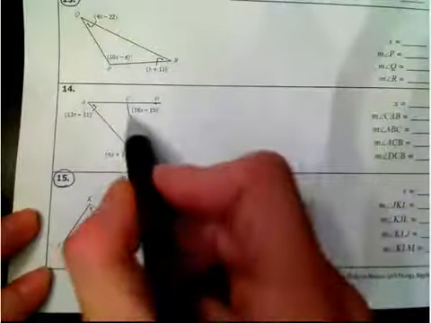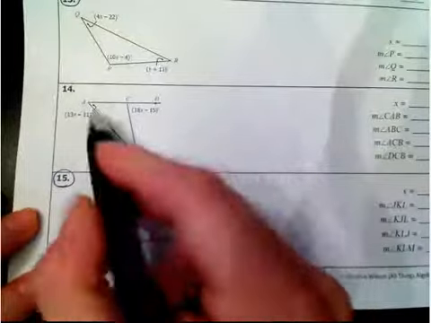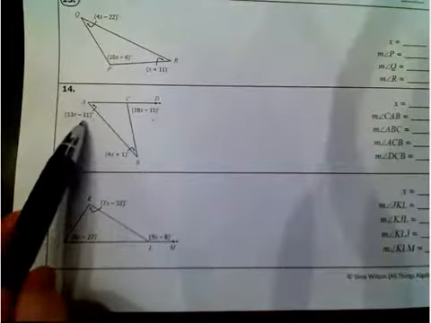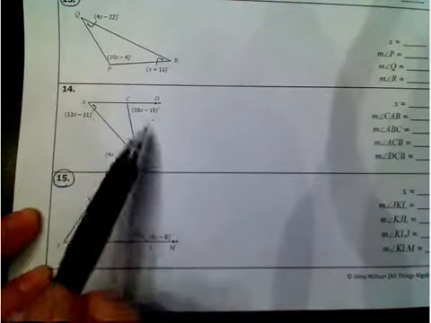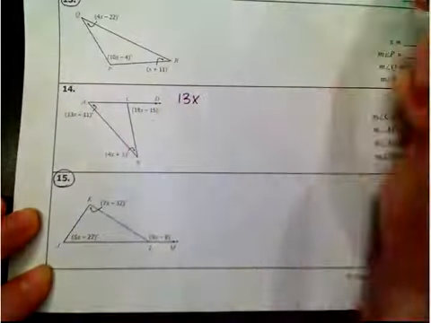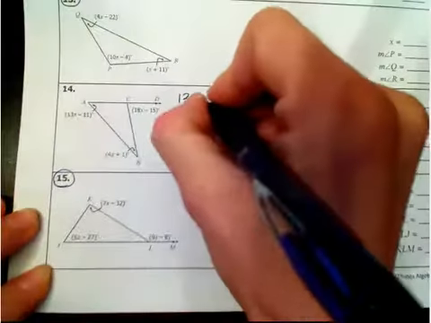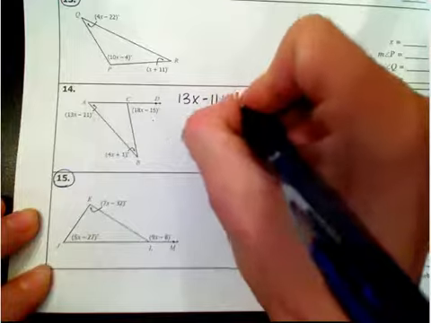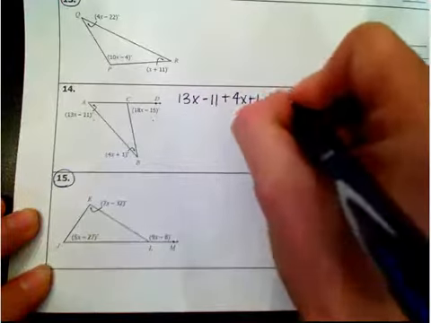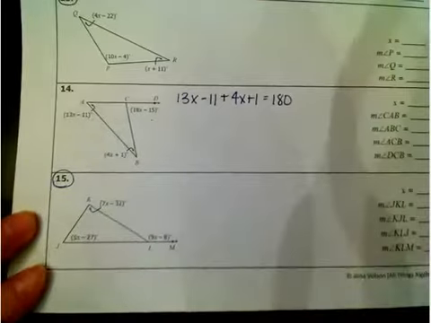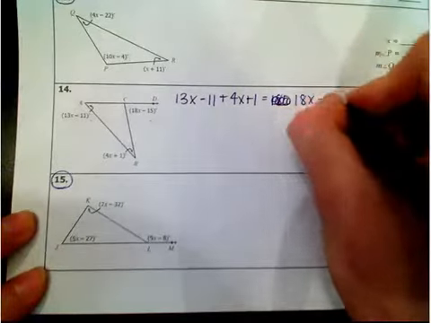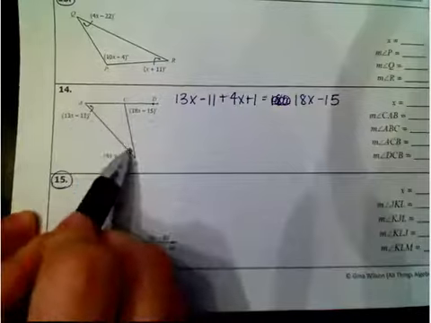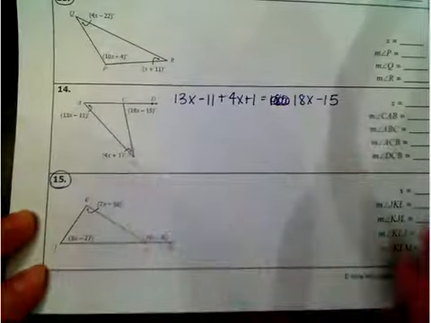So 14 now, I have an exterior angle. And I remember using the exterior angle theorem that the sum of these two non-adjacent interior angles should equal my exterior angle. So I'm going to set my equation up a little bit differently than the first one. Now I'm going to have 13x minus 11 plus 4x plus 1 equals, not 180, equals 18x minus 15, because these two angles should sum to make the exterior angle.